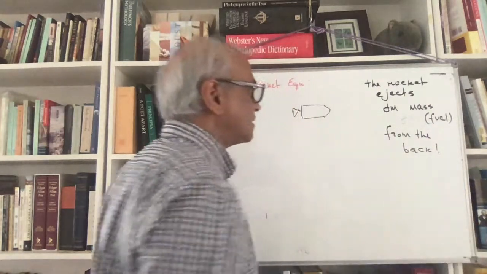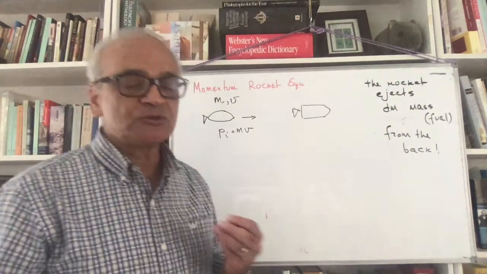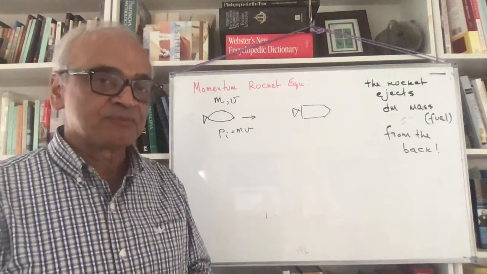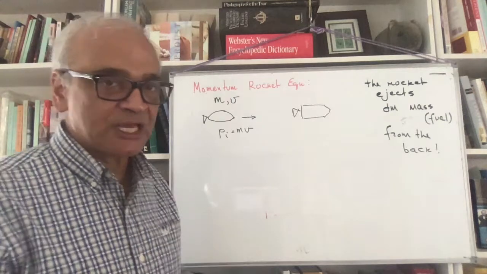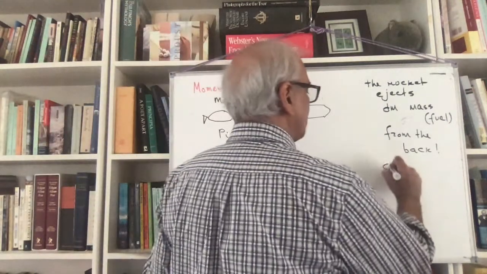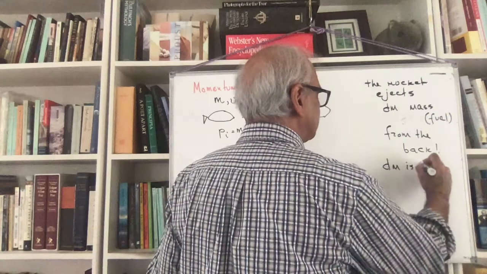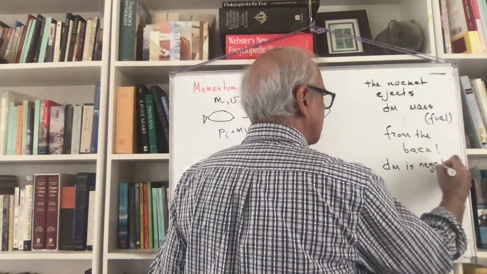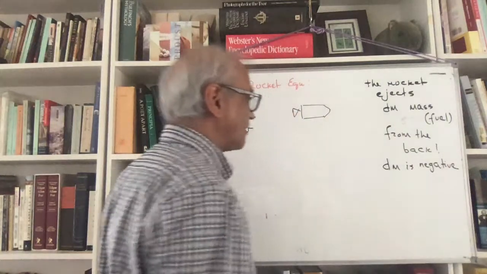But what is important here is that we're going to take the dm to be negative, because of the calculus that we're going to do right now. So make sure that dm is negative. Actually, if it is positive, our calculation will not work out.